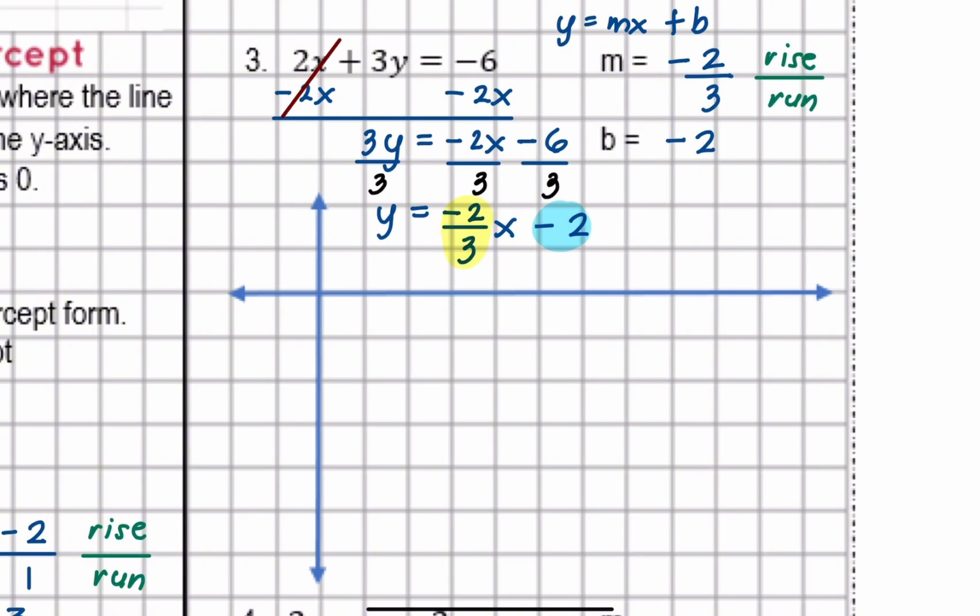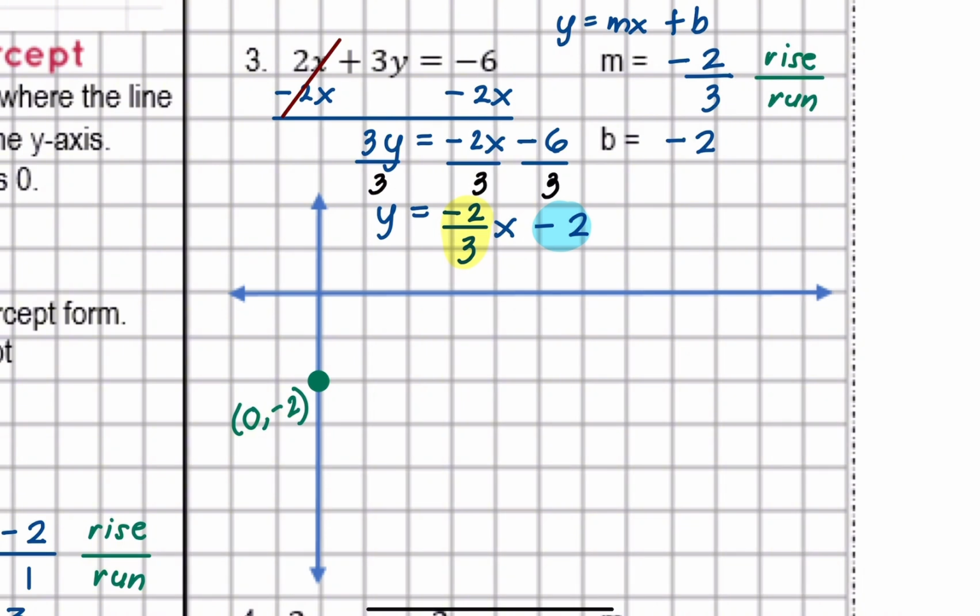Okay, again, class, we always start with y-intercept, which is negative 2. Where is negative 2? On the y-axis. So we can find negative 2 here. So again, since this is y-intercept, our x is always 0, negative 2.